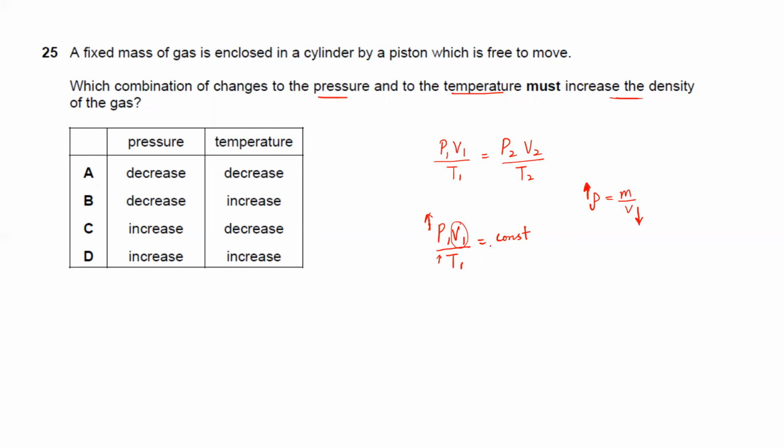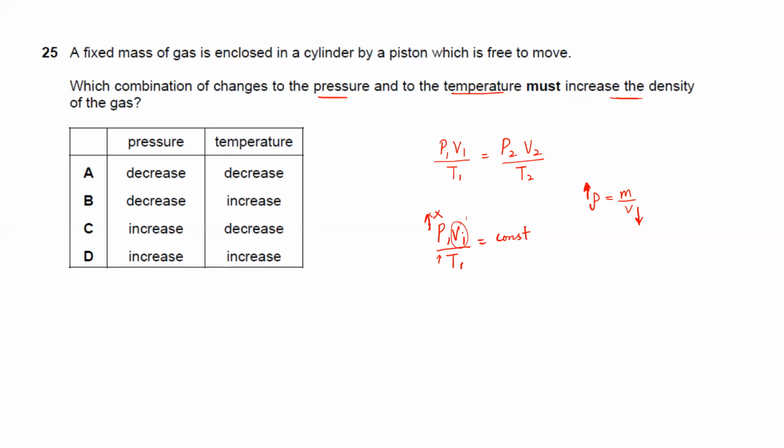If I'm decreasing the pressure, what will happen? If pressure is decreased, the volume will increase to keep this upper part constant at a constant temperature, for example. But eventually, decreasing pressure won't be a good option, because this will increase the volume.